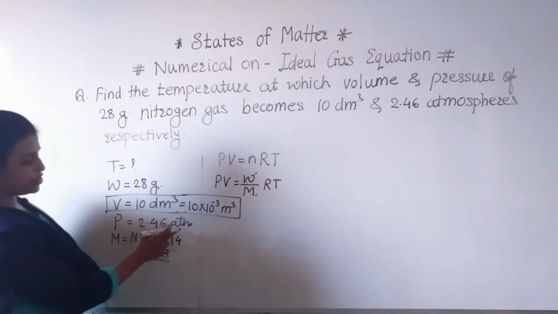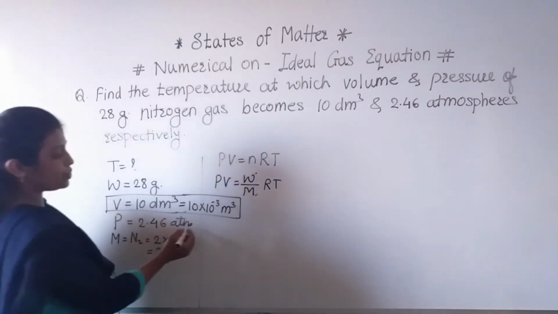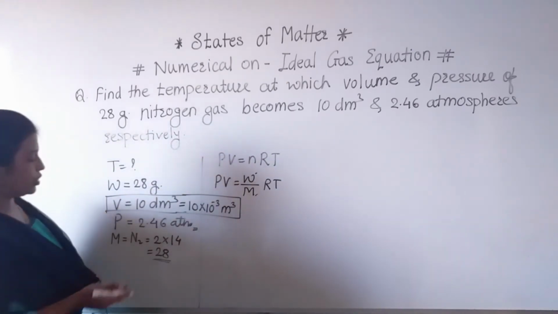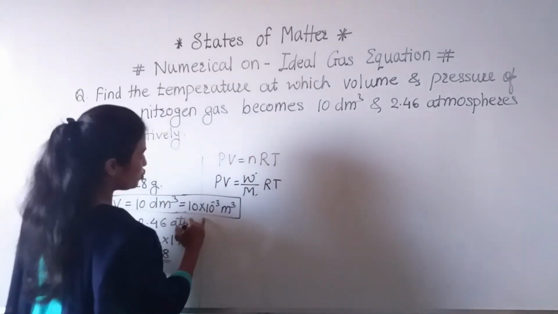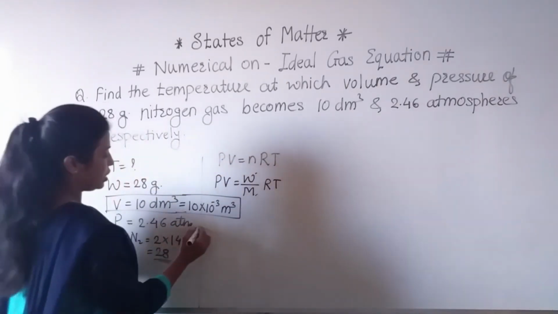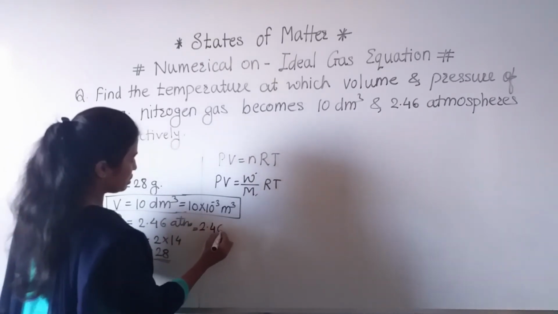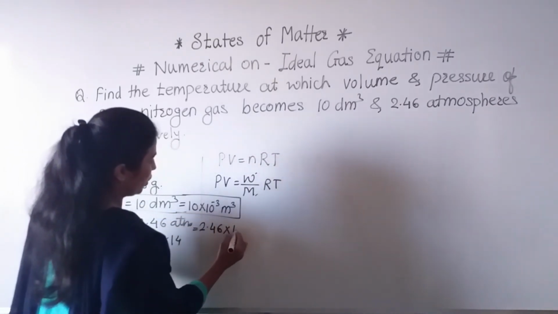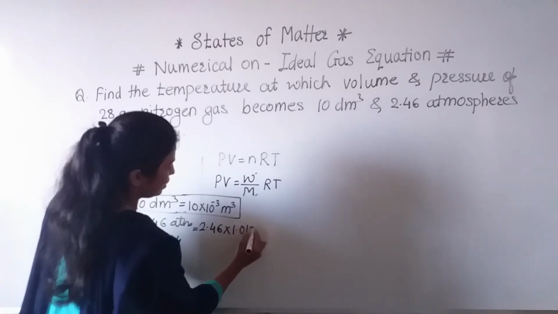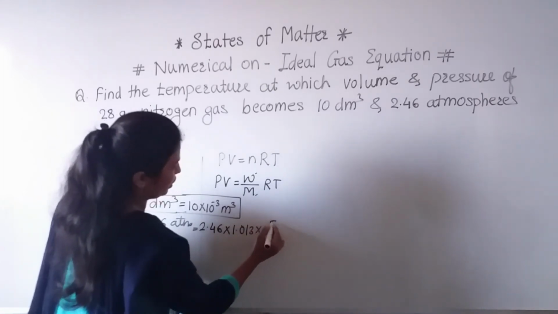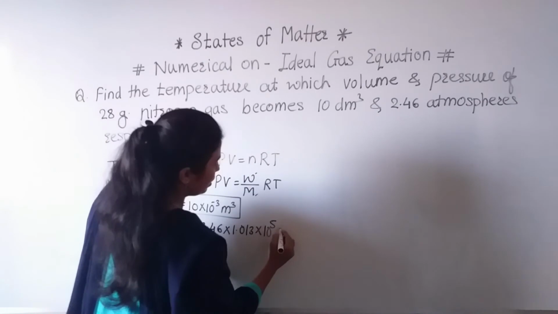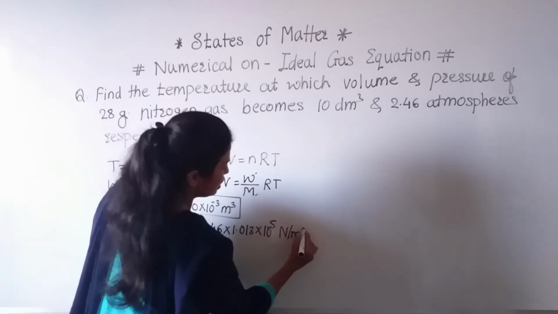Next, pressure. Pressure is given in atmosphere, so we just have to convert it into Newton per meter square. For that purpose, we have to multiply 2.46 into 1.013 into 10 raised to 5. So in this way it will be Newton per meter square.